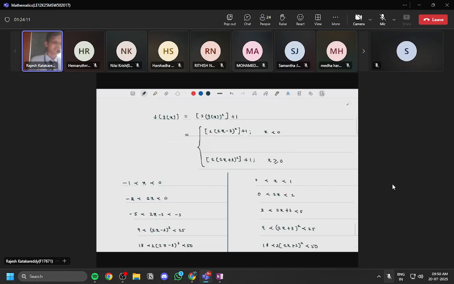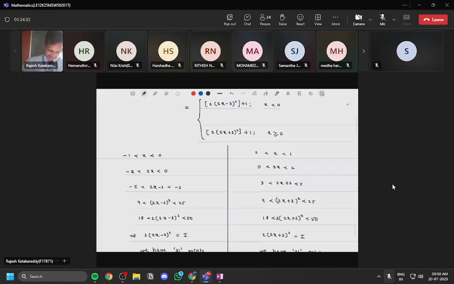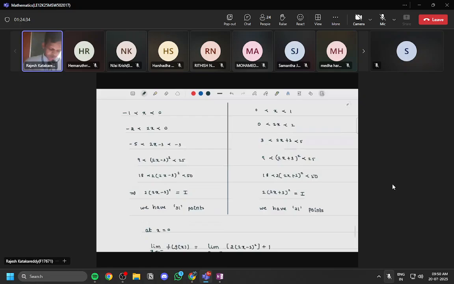Anything else? Any doubts? Copy this one, please. Anybody writing this part over here? Can I scroll up? Or say something, no? You are sitting like you don't know how to speak.